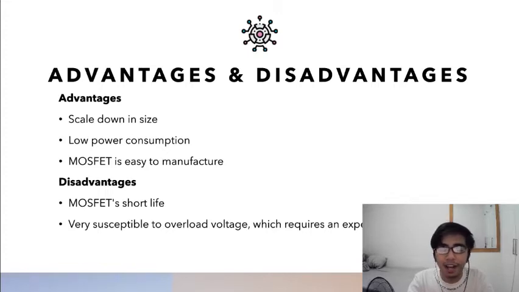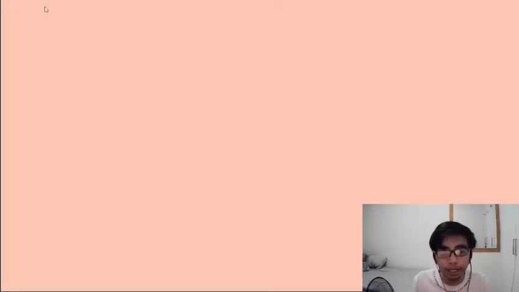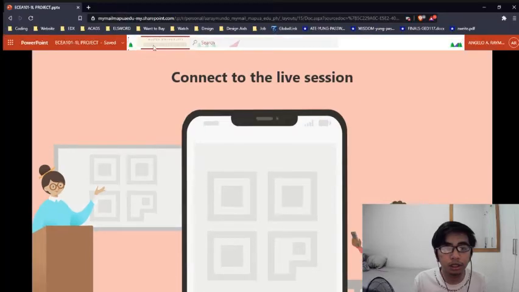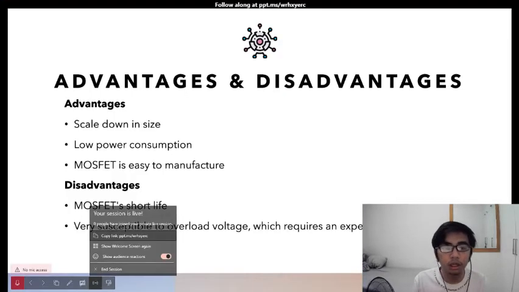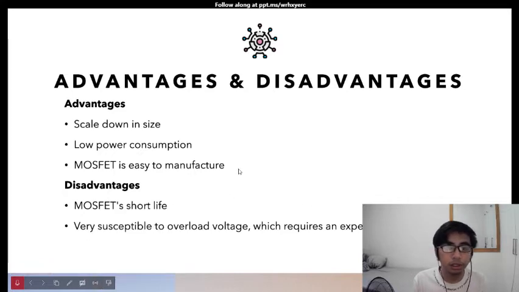For the disadvantages, the MOSFET has a short life, and it is also very susceptible to overload voltage, which can lead to minor explosions or burning of the circuits. So it requires an expert for installation.